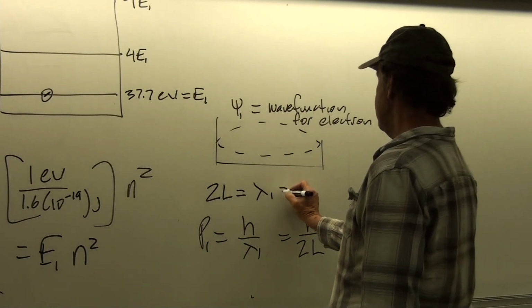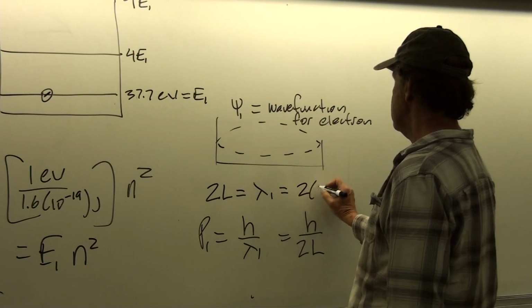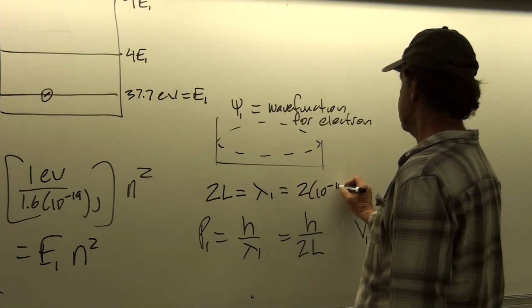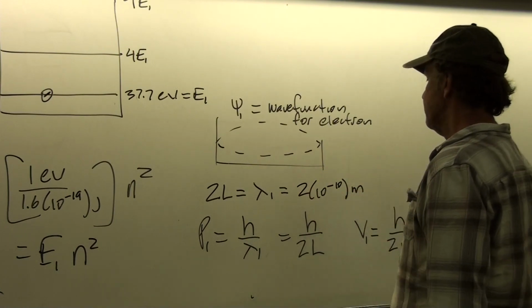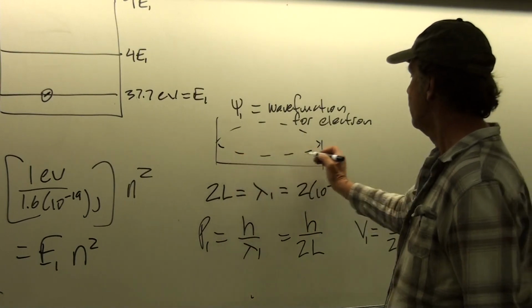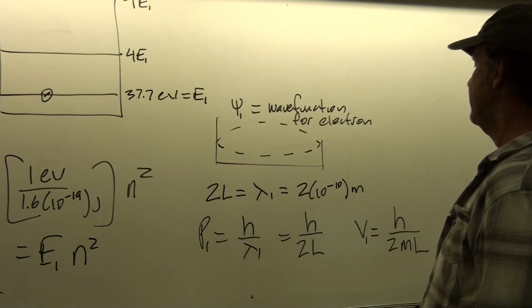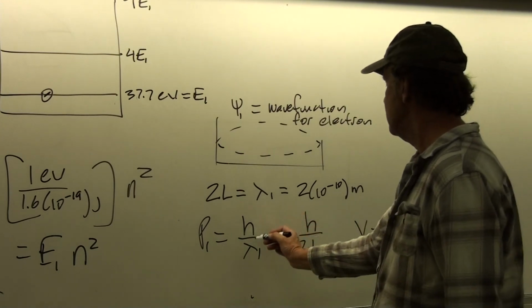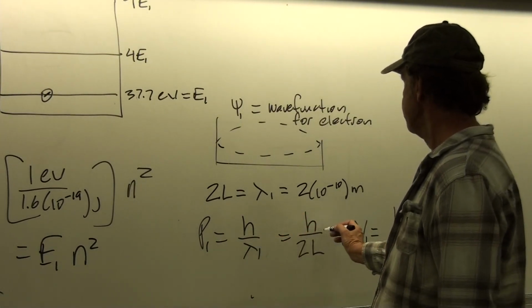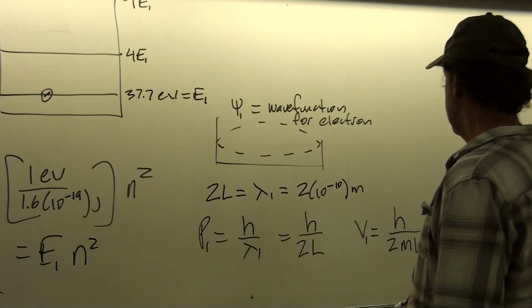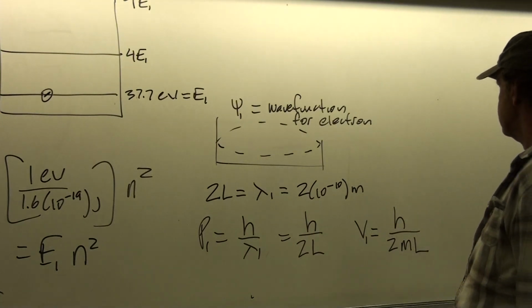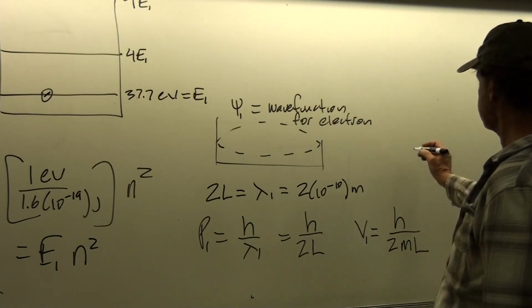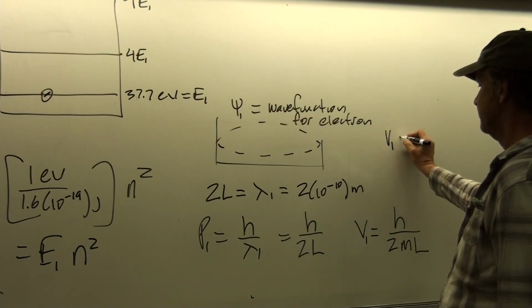So lambda 1 then would be 2L. That would be 2 times 10 to the minus 10 meters, double the 1 angstrom width of this. And then P1 would be h over lambda 1, or h over 2L. And so V1 would be h over 2mL. So let's figure that out too.